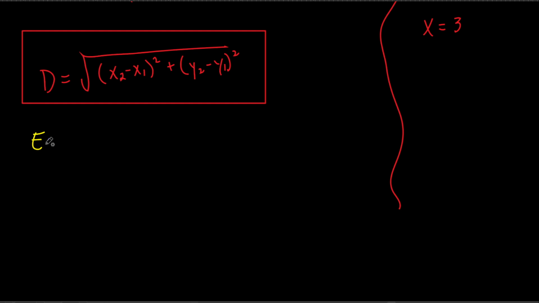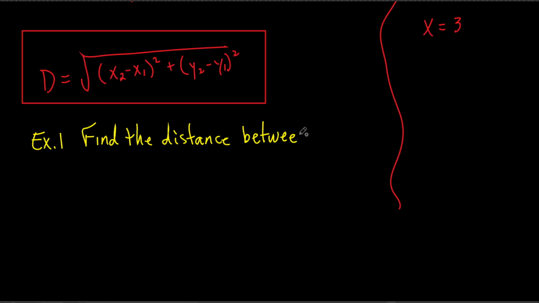So this is example 1 in the book, and it says find the distance between, and then they're going to give you 2 points. And here are the 2 points, -2, 5, and 4, 1. Okay? So this is what they're going to ask. They're going to say, find the distance between those 2 points.